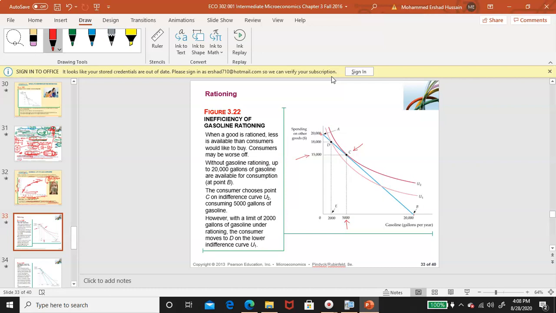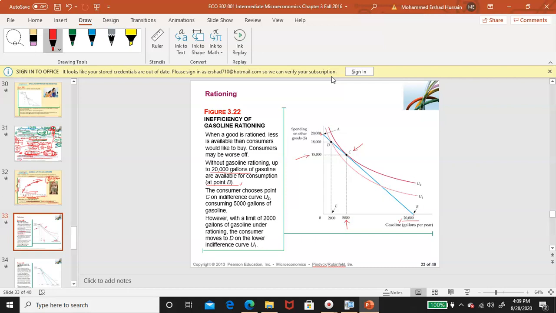Now, when a good is rationed, less is available than consumers would like to buy. Consumers may be worse off. Without gasoline rationing, up to 20,000 gallons of gasoline are available for consumption at point B. So see that here, there is no limit on gasoline consumption. Given this budget line, someone can consume 20,000 at point B, but then he will not have any money left over to buy other goods.